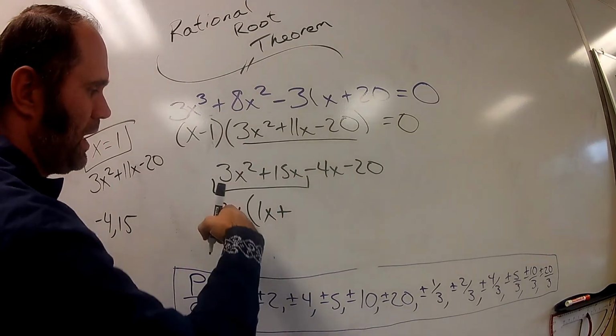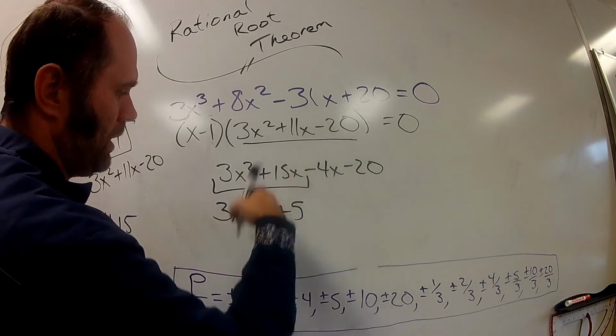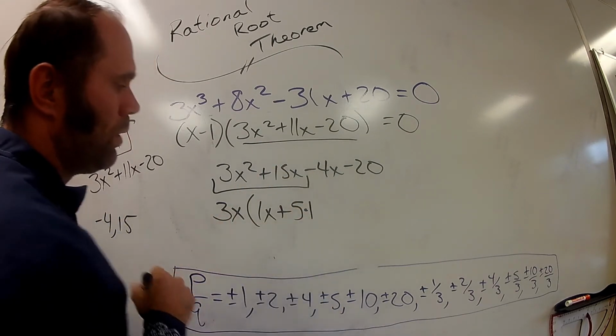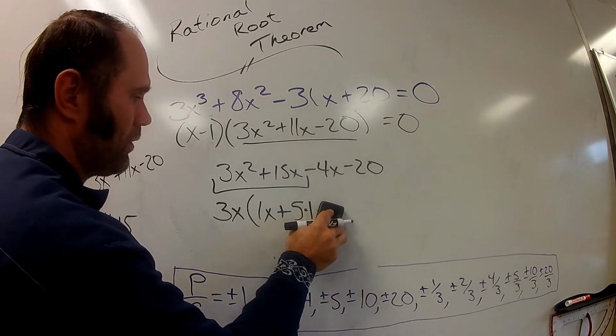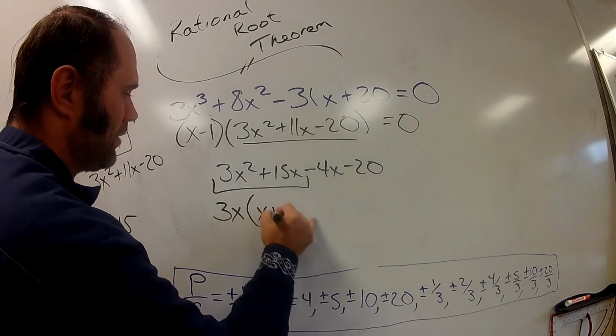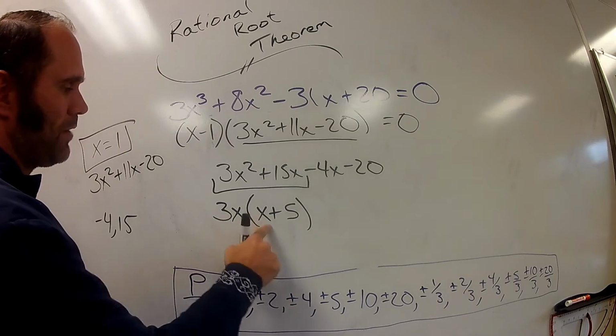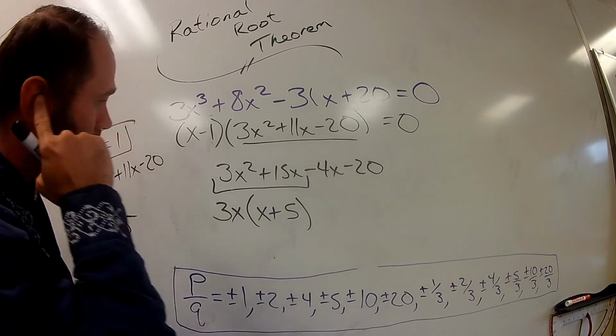And when you pull 3 out of 15, 3 times 5 is 15. And when you pull an x out, it's times 1. Well, those 1's are redundant, so we don't need to write them, and they are confusing. So we're just going to write x plus 5. 3x times x is 3x squared. 3x times 5 is 15x. So we have factored that right.